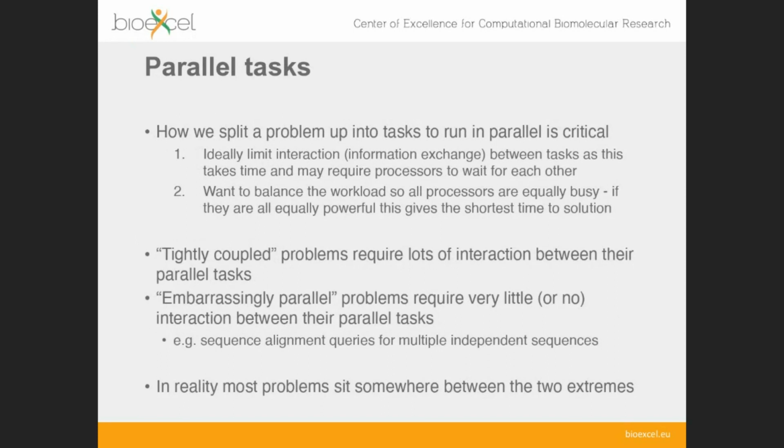How you split up computational work into tasks that are meant to run in parallel is critical, because in an ideal world, you would split up your problem in such a way that each task can run completely independently of any other task. Why?